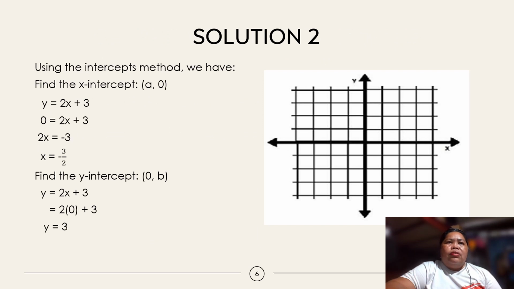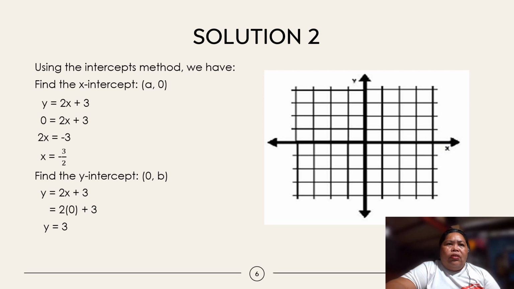Now we have here solution number 2, using the intercept method. If y is equal to 0, that means 0 = 2x + 3, and then transposing, x is negative 3 over 2. If it is negative 3 over 2, that means it is almost 1 point something, no?